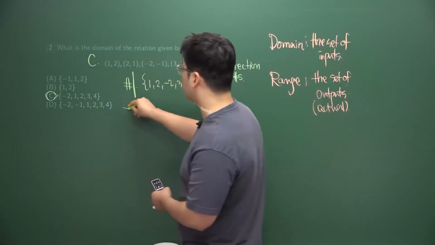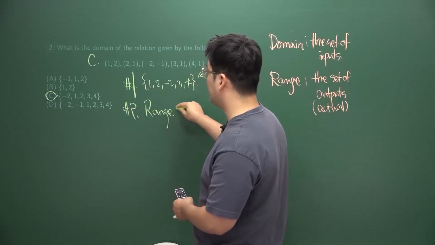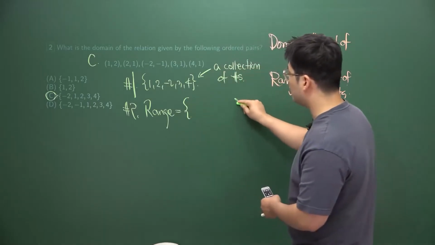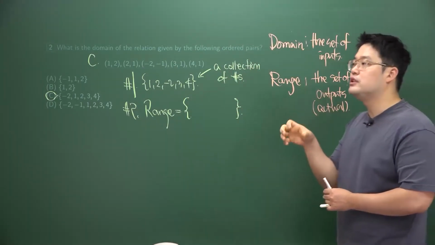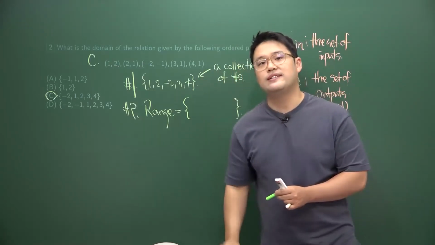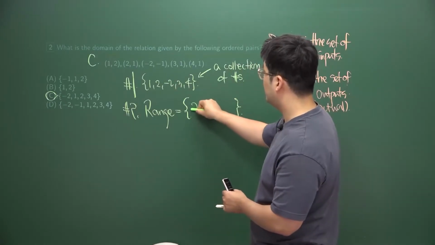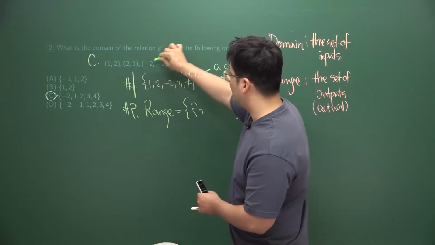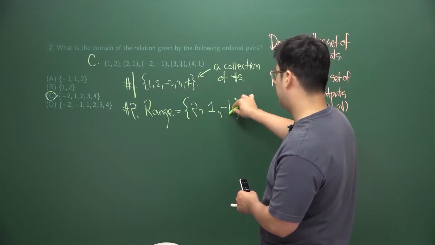How about range though? Just for curiosity, let's also look at range. Even for range, we only write down numbers that appeared multiple times once. So check this out. 2 must be written. And 1 must be written once, and -1.